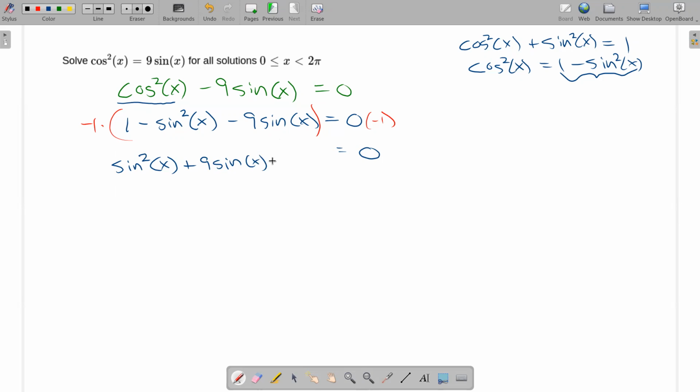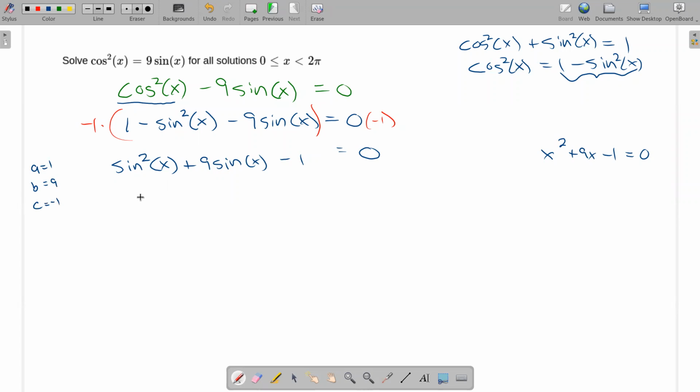And then -1 times 1 is going to be a -1. So I'm just putting them in order, thinking about this as like x squared plus 9x minus 1 equals 0. All right, from here, that is not going to factor. Quadratic formula is what I got to use. So a equals 1, b equals 9, c equals -1.